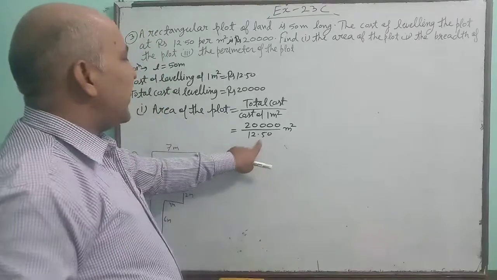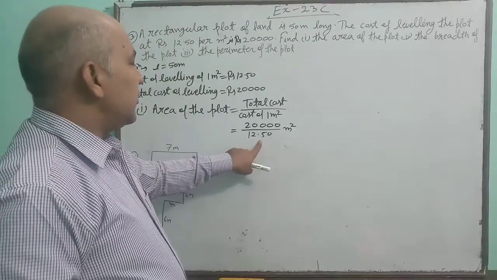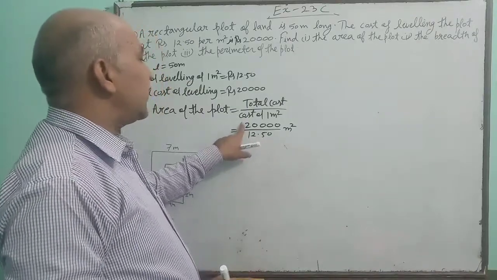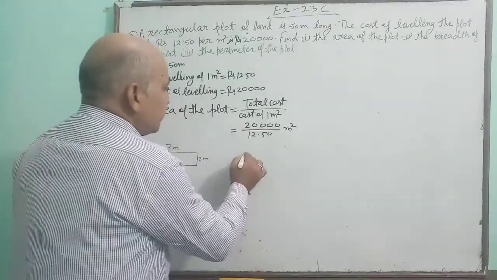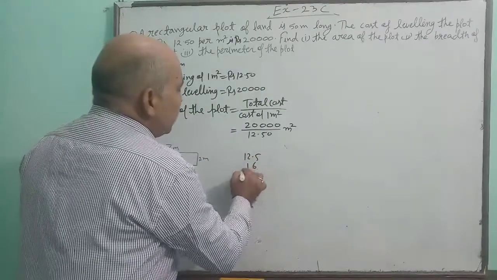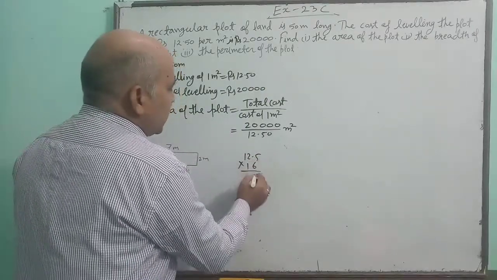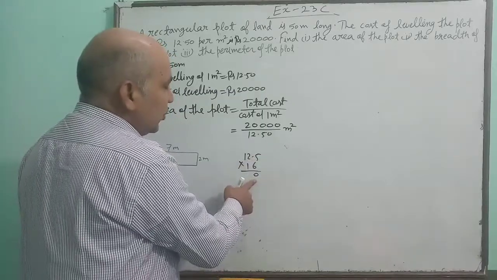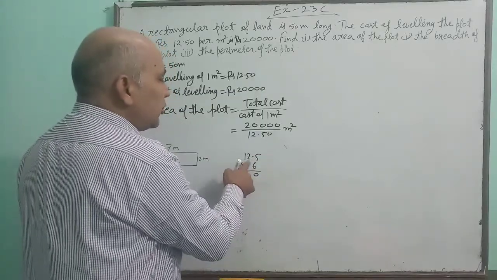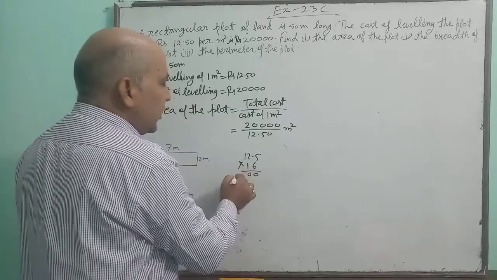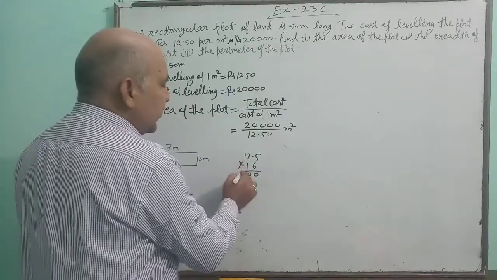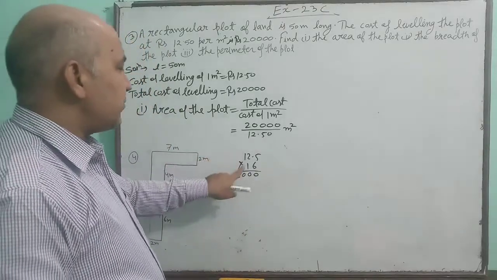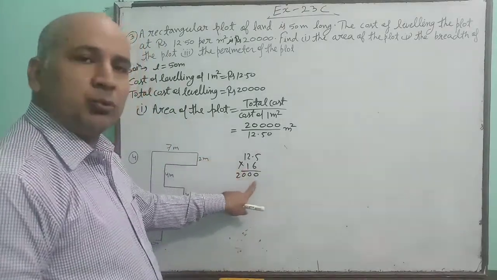Children, 12.5 times 16 gives 200. See here, 12.5 is multiplied by 16. 16 into 5 is 80, 0 here, 8 carry on. 16 into 2 is 32 and 8 is 40, 4 carry on. 16 into 1 is 16, plus 4 is 20. When 125 is multiplied by 16, we are getting 2000.